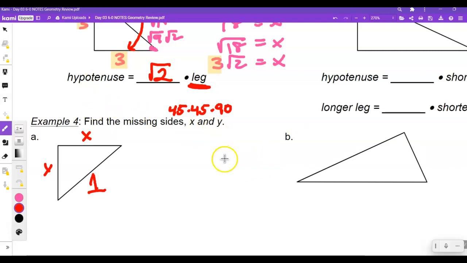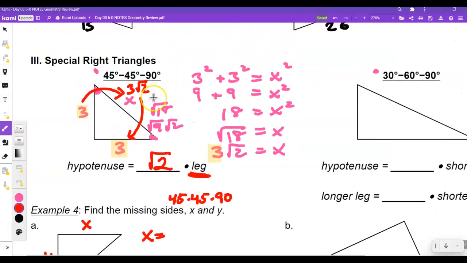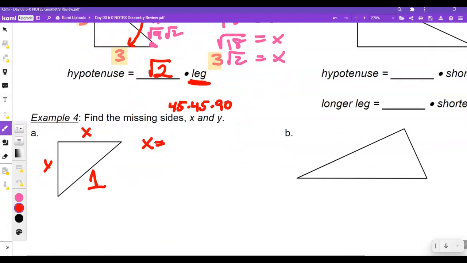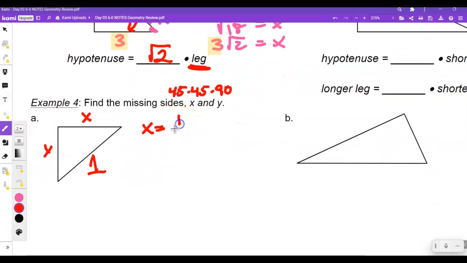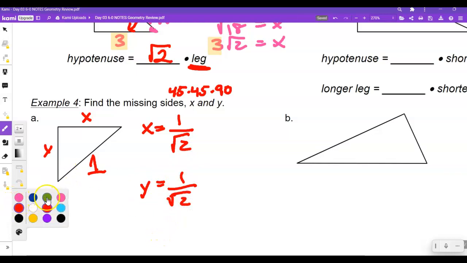But what we do have to know is that if I have the hypotenuse and I want to get the leg, like right here, if I had 3 root 2, how would I get an answer of just 3? I have to divide by root 2. So that's what I'm going to do. I'm going to take my hypotenuse, I'm just going to divide it by root 2. And I could write it out for both. It's the same exact work. There's nothing different. However, is that an acceptable answer?